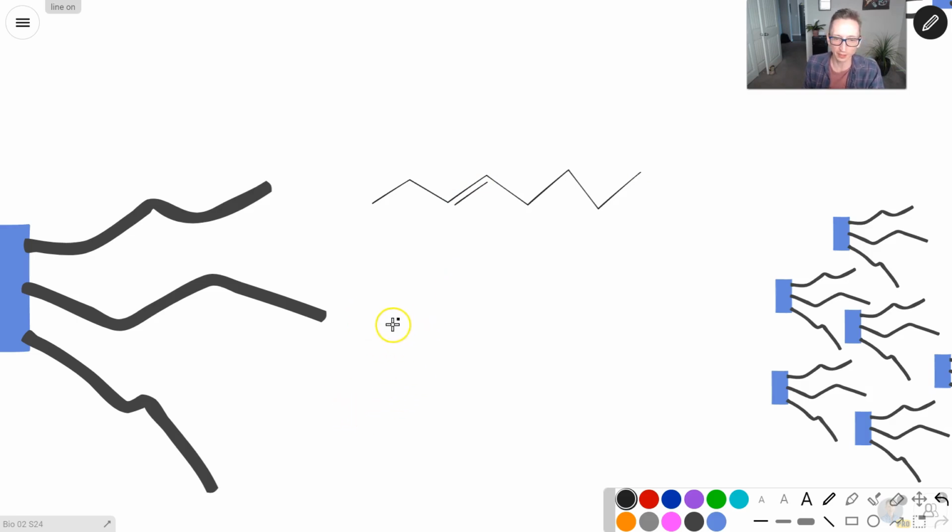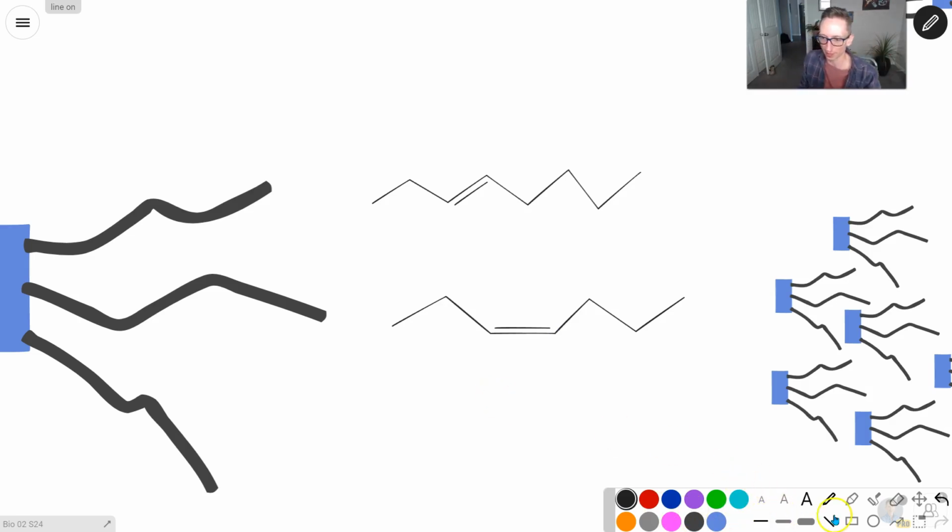And then we can have another one, something like this. Pretty nifty. And this here would be a double bond. All right. So double bonds just means that the carbon is bound to itself twice.